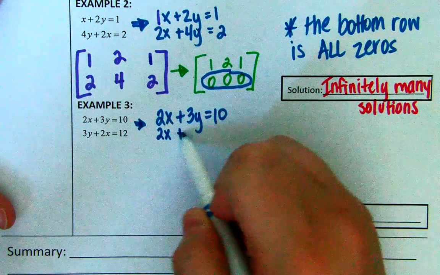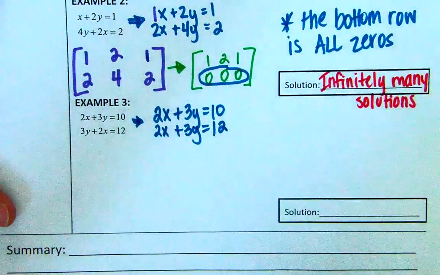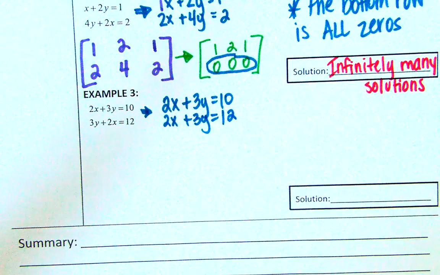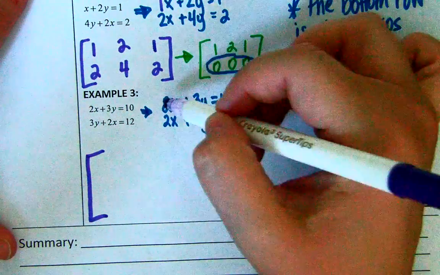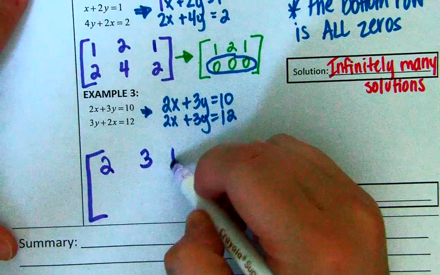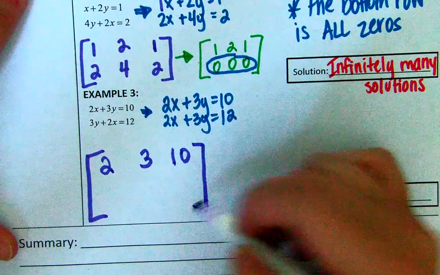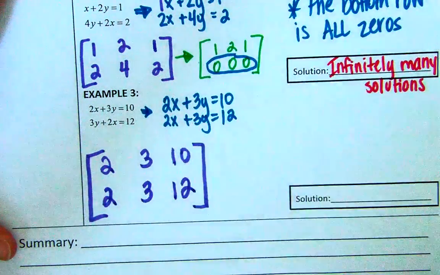It's 2x plus 3y equals 12, because both the 2x and the 3y are positive. So now we're going to make our matrix. So the first row is our first set. So it's 2, 3, and 10. Remember, you're just pulling out the numbers. And then the bottom one is 2, 3, and 12.